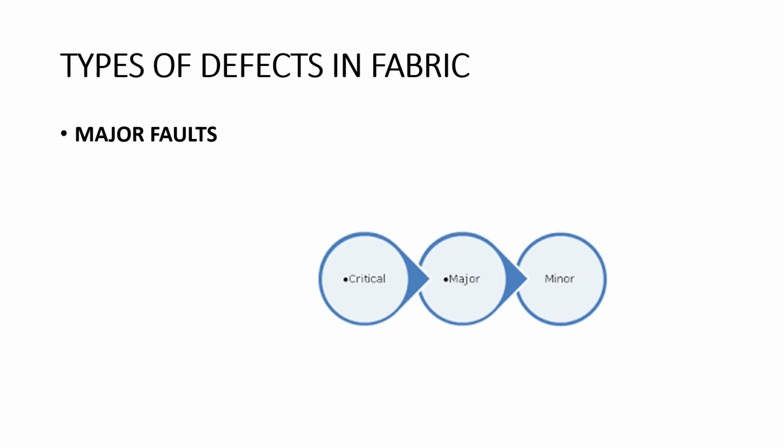There are major defects, which we call major faults in the fabric. There are minor faults or minor defects in the fabric, and of course there are critical defects in the fabric. So critical, major and minor defects in the fabric are very important to understand.